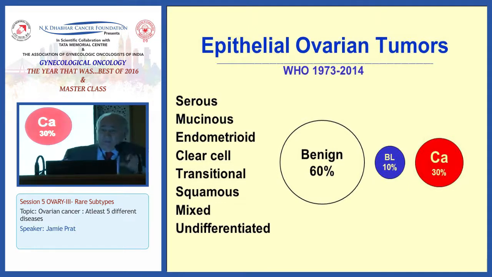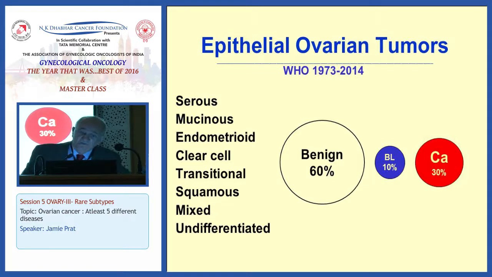Okay, let me get back to this and tell you that many years ago, ovarian cancers were classified by cell type. And I told you already that if the cells were like those of the fallopian tube, serous, which is, by the way, the most common epithelial tumor of the ovary, benign and then malignant. And then if it is mucinous, it resembles endocervix.